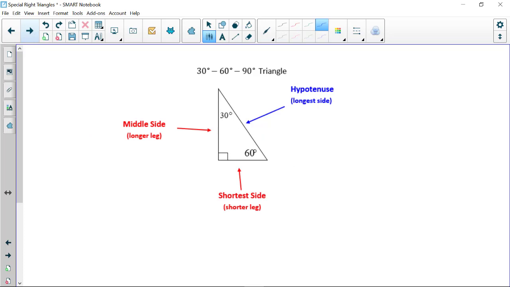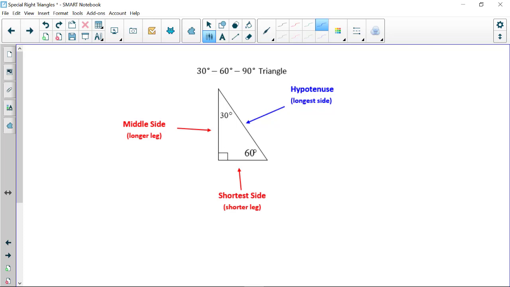Before we do that, though, let's talk about the terminology. We know the hypotenuse is opposite the 90-degree angle. It's always the longest side. Then the two other sides that form the right angle, sometimes called the legs, one of them is longer than the other. They are not the same length. And so obviously the shorter side is opposite the smaller angle, 30 degrees.